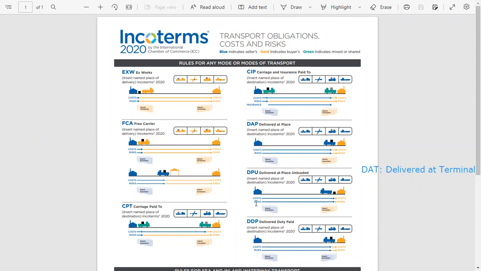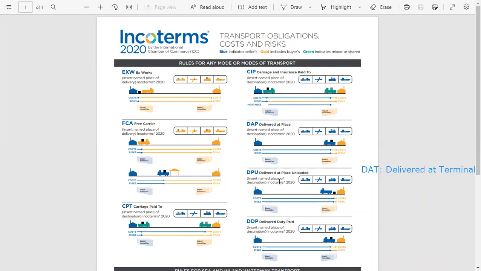There are some rules to remember it. For example, group D always starts with the word delivered: delivered at place, delivered at place unloaded, or delivered duty paid.